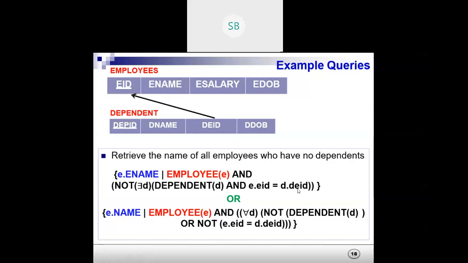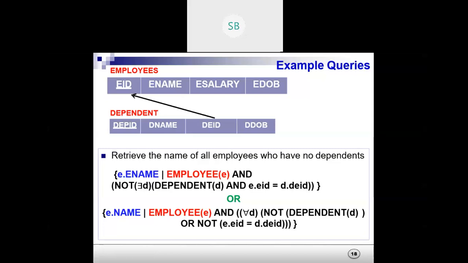You can write it this way, or you can write it with not the dependent, because you should find the person who has no dependents. That is why we are using the not operator.